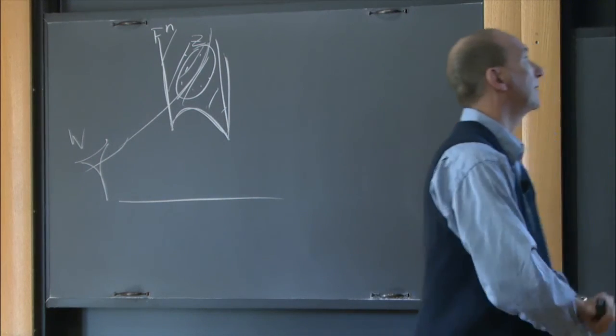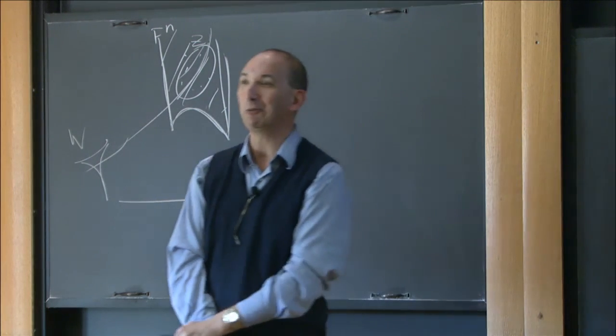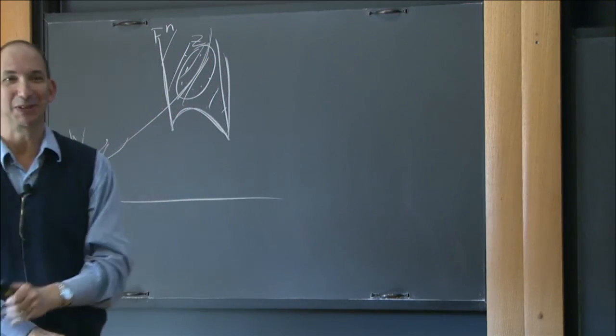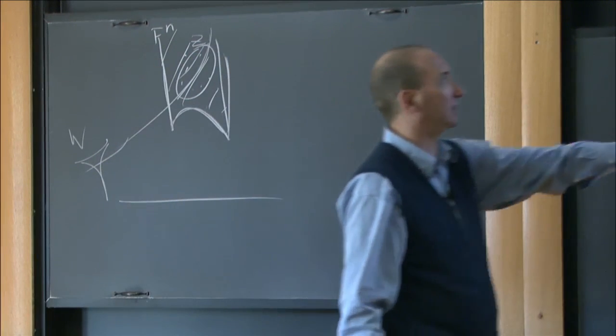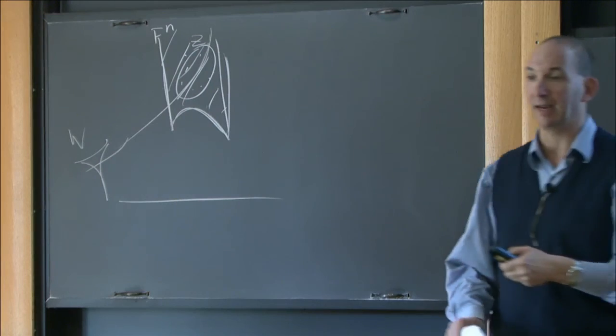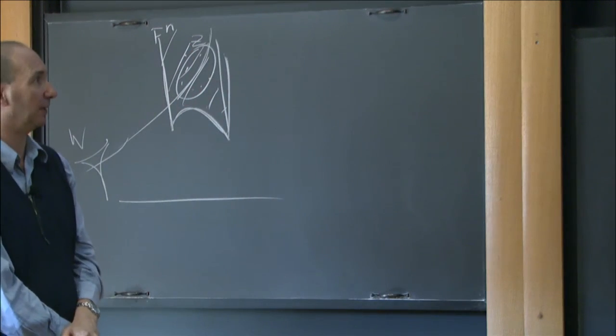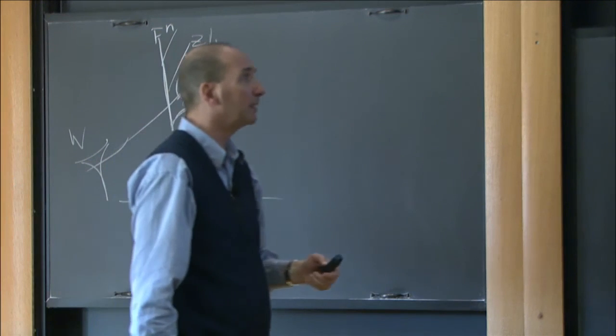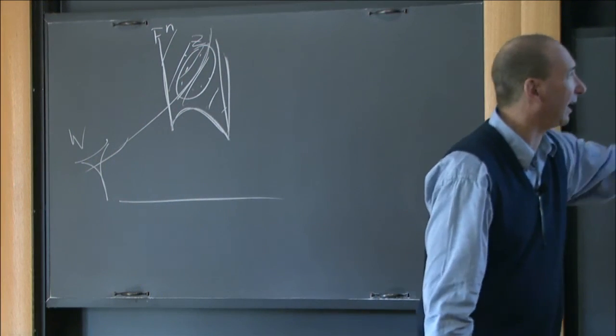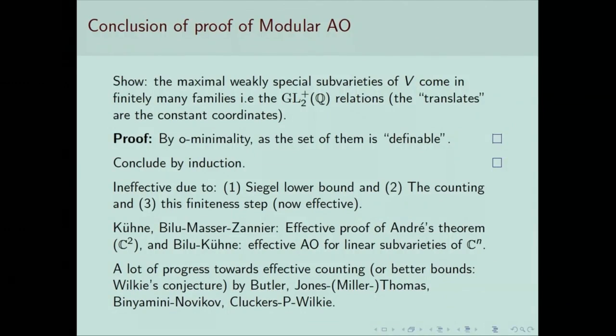This theorem is ineffective in three ways. I mean, one way would be good enough. Of course, the Siegel lower bound is highly ineffective and depends on Siegel zeros. The counting theorem is ineffective as it stands, although there's quite a lot of progress towards making it effective in various cases and also improving it in various ways.